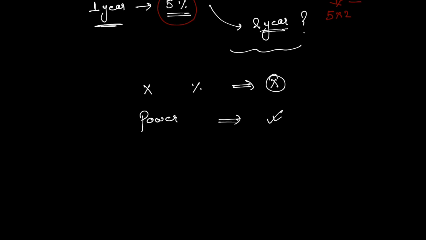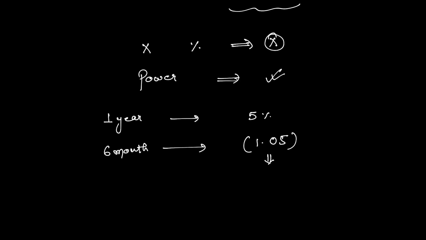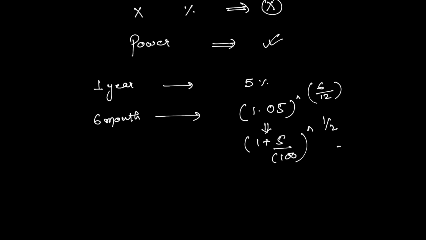This is allowed. So you have a 1 year effective interest rate of 5%. So the 6 month effective interest rate is not 5 by 2. It is 1.05. Basically what you did, 1 plus 5% raised to the power 6 month upon 12 month, or 1 by 2, minus 1.